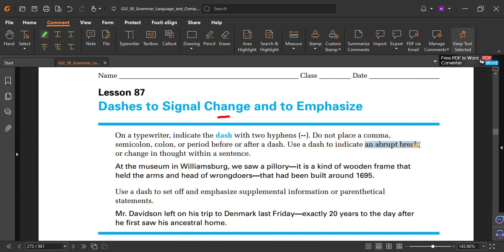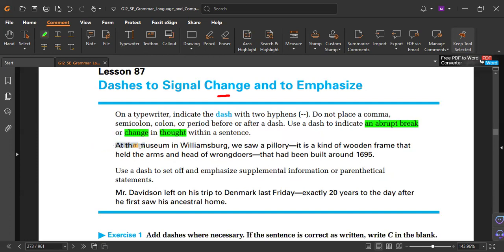Abrupt means a sudden break or a change in thought within a sentence. For example, you see, before the first dash it completes, after the second dash it completes. Between them, something could be a change in thought, the author's emotions, information to emphasize, or any information related to the sentence. Sometimes you can use appositive phrases.